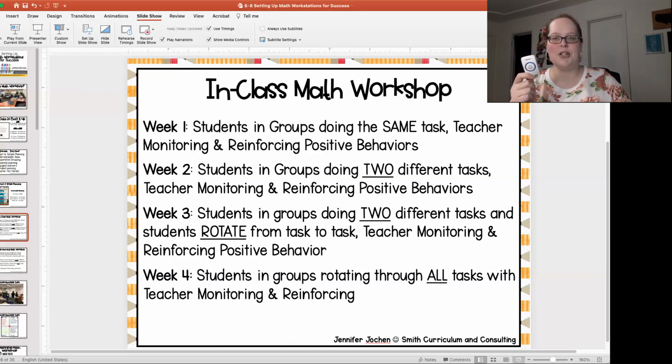What I see a lot of teachers do, they put a little bit of Velcro on the back of it, and they Velcro it to their badge. So that way it can either stay there at the end of the day, or you can take it off at the end of the day and only put it on your badge when you need it. That way it's handy. And like I said, 30 different alerts that you can switch through.